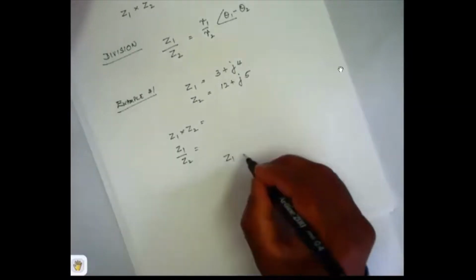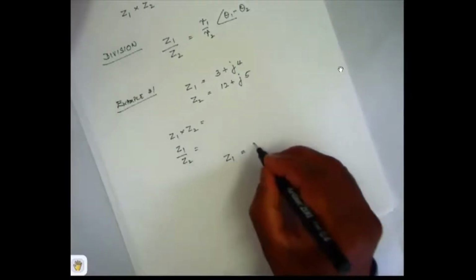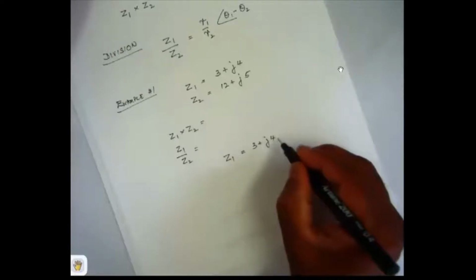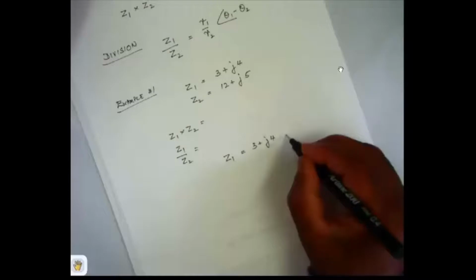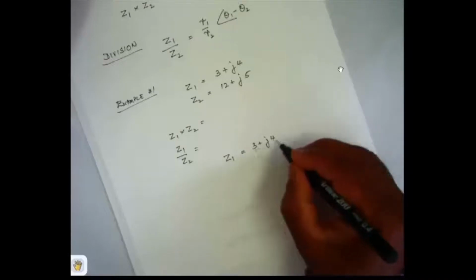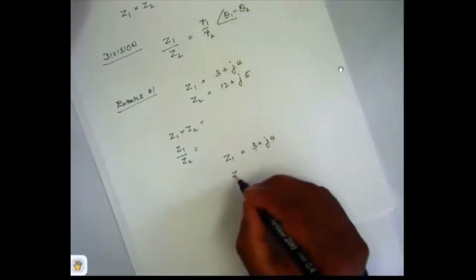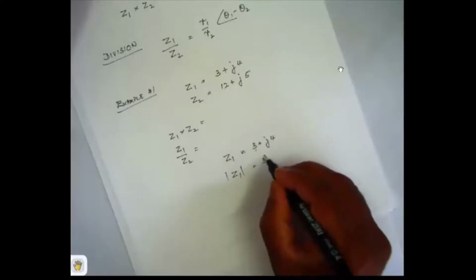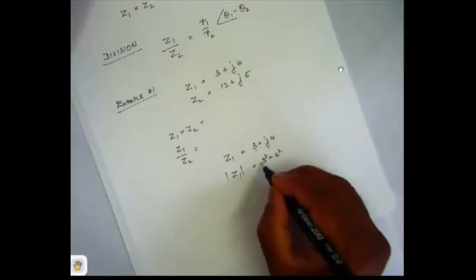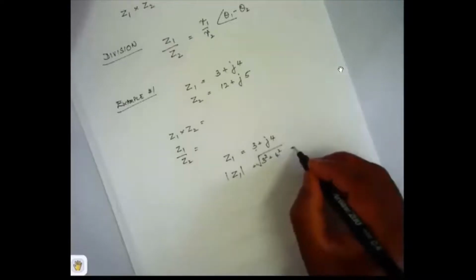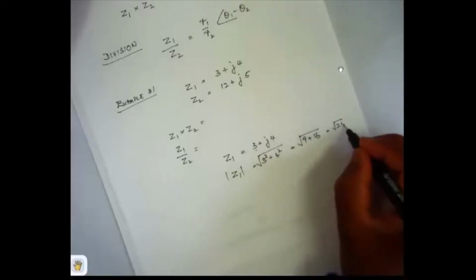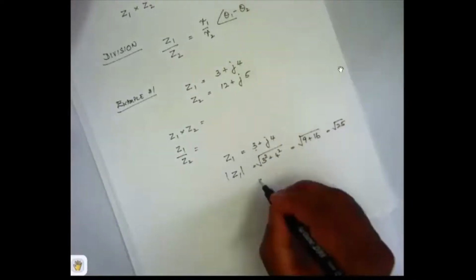So Z1 is equal to 3 plus j4, and we can find the modulus and the argument. The modulus of Z1 is the square root of 3 squared plus 4 squared, which is the square root of 9 plus 16, which is the square root of 25, and that is equal to 5.